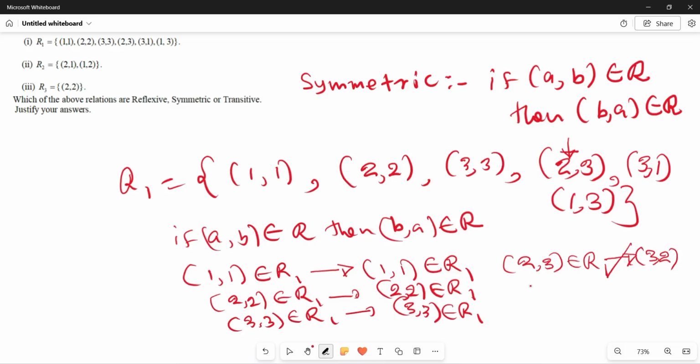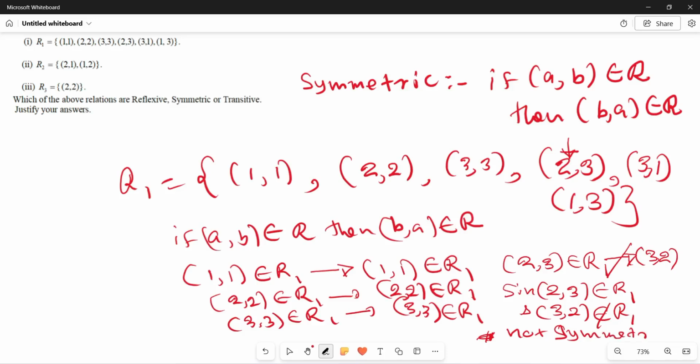This doesn't apply. Okay, so you can say since (2, 3) belongs to R1 and (3, 2) does not belong to R1, this is not symmetric.